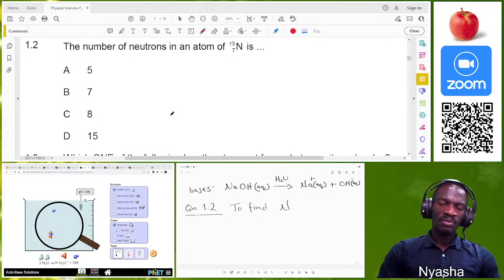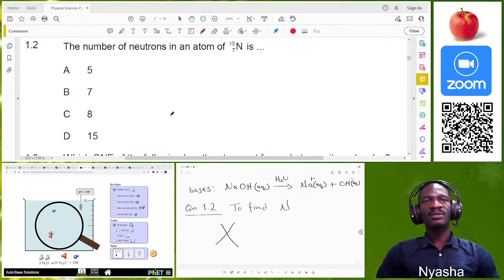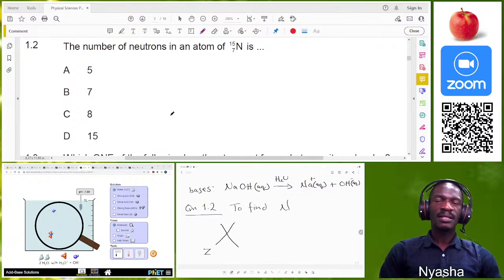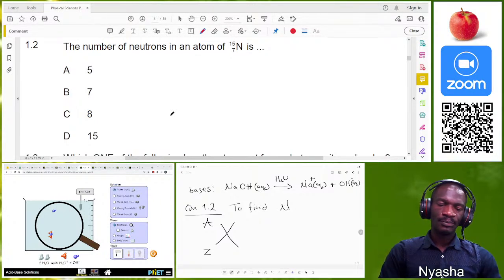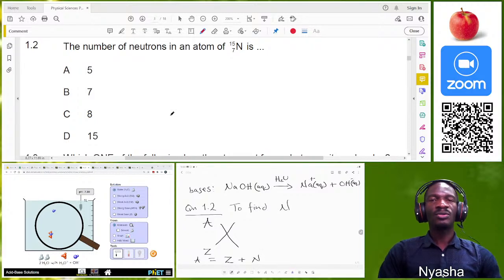So the question would be, if you have some atomic symbol, so there's some atom X, it has its atomic number and its mass number. How do you determine the number of neutrons? I think from here you may still remember that your mass number is the sum of your proton number, which is the atomic number, plus your neutron number.